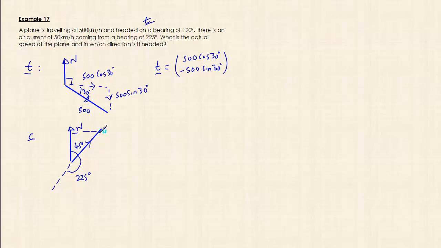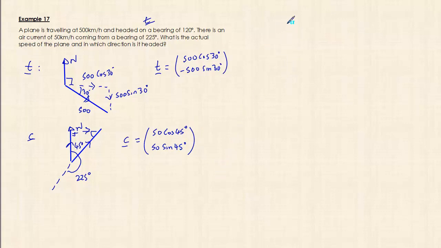And then we can form a right-angled triangle, so it's going up and across. This angle here is also 45, since this is a right-angled triangle. And so C is going to be 50 cos 45 degrees and 50 sine 45 degrees.